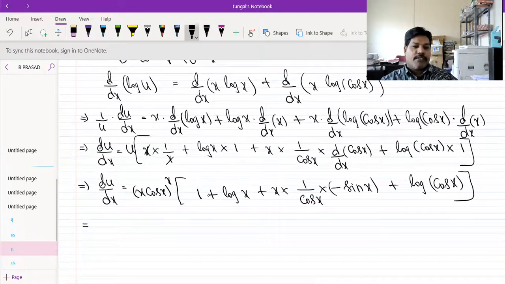So that implies du by dx is equal to (x cos x) whole power x.